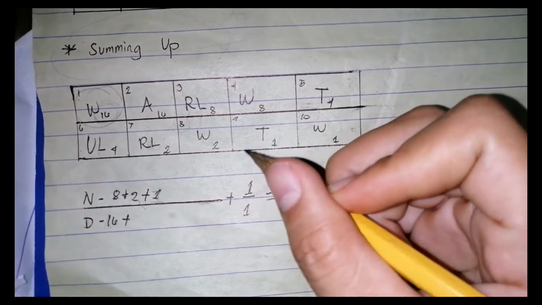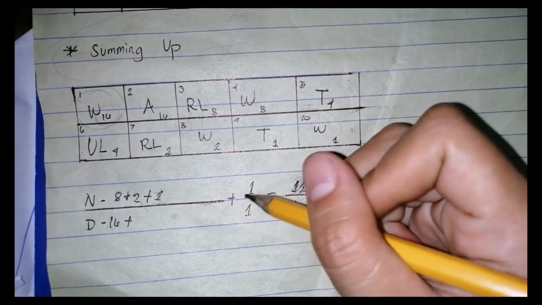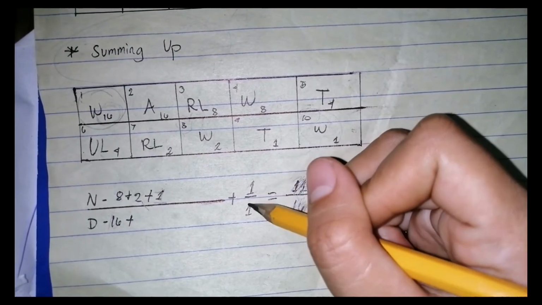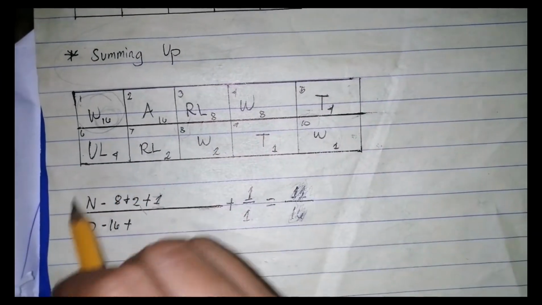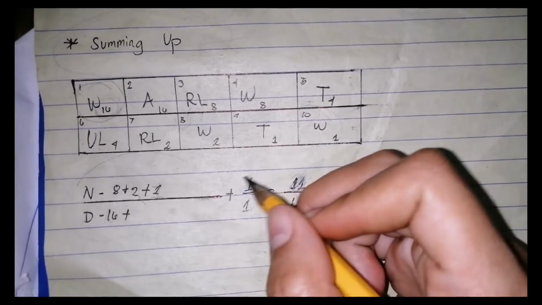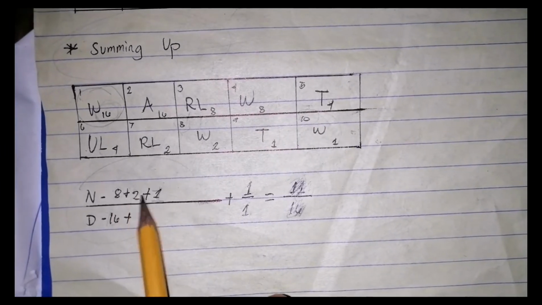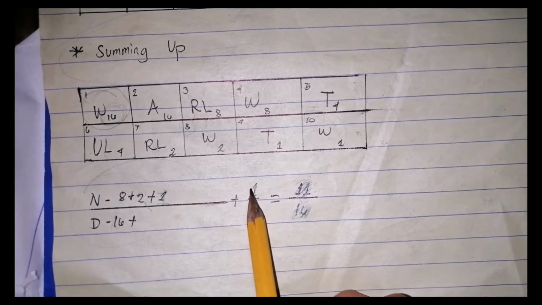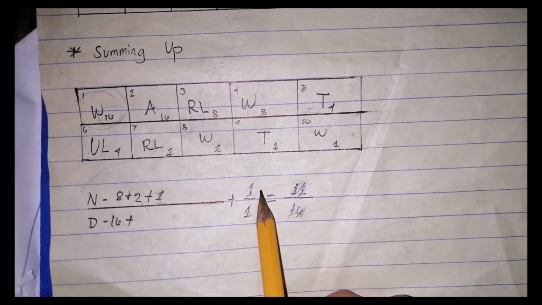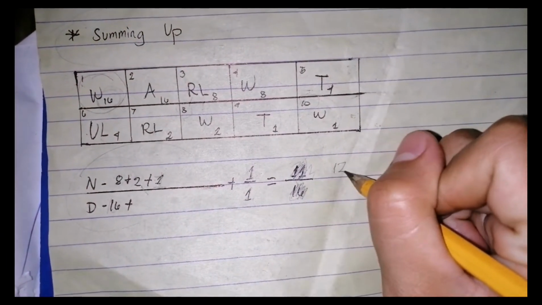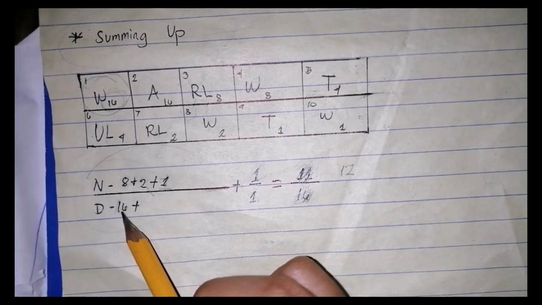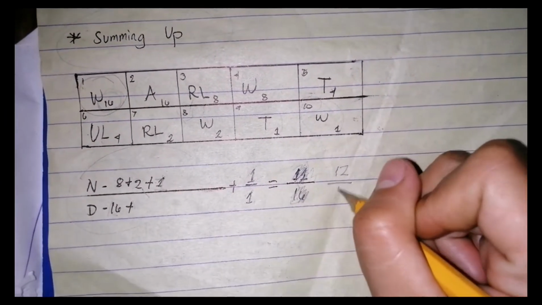We have a pre-established fraction of 1:1 and it is constant, so we will add this up. The numerator is 8 plus 2 plus 1 plus the constant number of 1, so the answer is 12. The denominator is 16 plus 1, which is equal to 17.